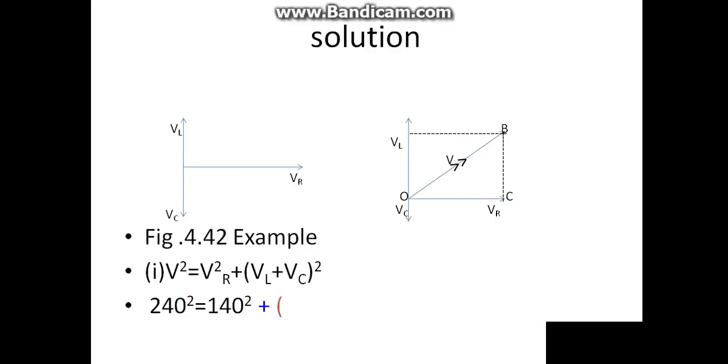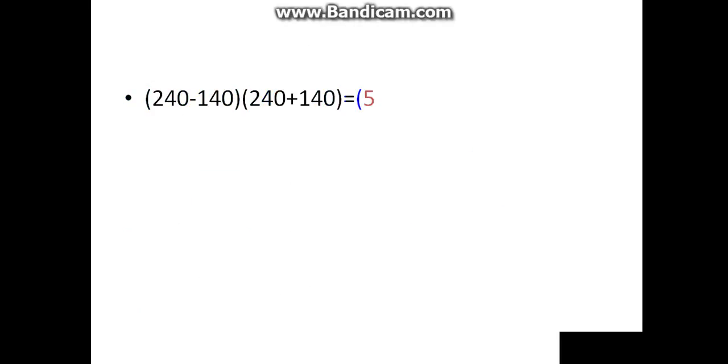Then substituting the values, we have that 240 squared is equal to 140 squared plus (50 minus VC) squared. (240 minus 140) times (240 plus 140) is equal to (50 minus VC) all squared.